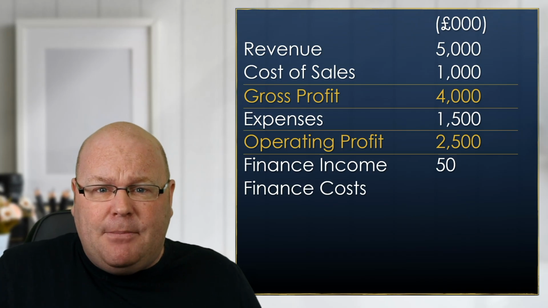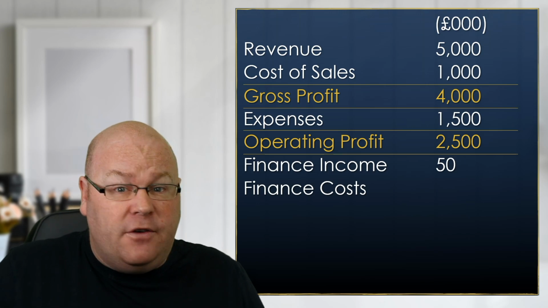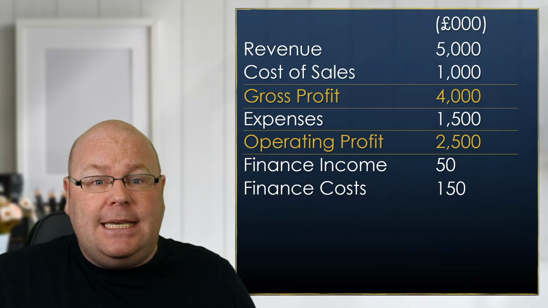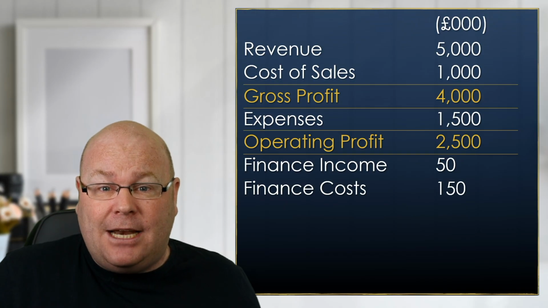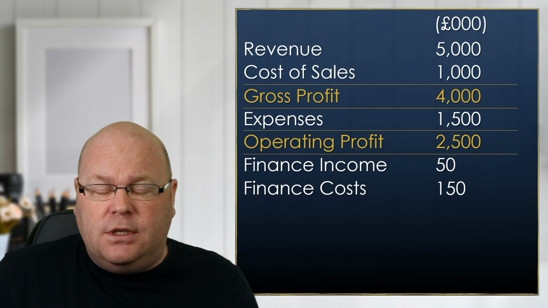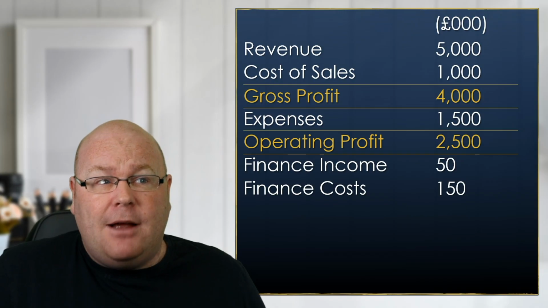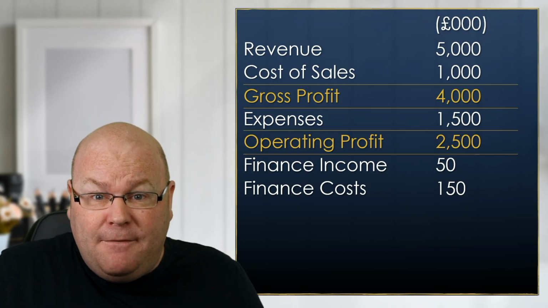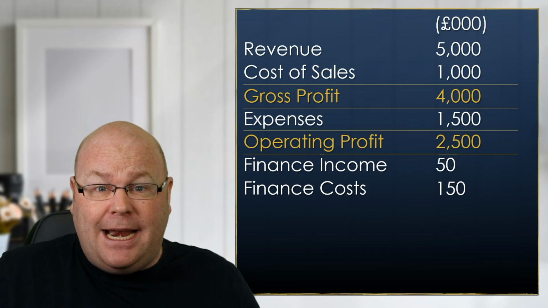So in an income statement, as well as adding on any interest that the business has earned from having money deposited in its bank account, we're also going to deduct any interest that the business has had to pay to financial providers for the loans that it has borrowed from them. In this example, we've earned £50,000 from having interest on the funds in our own bank account, but we've paid £150,000 in interest to financial providers.